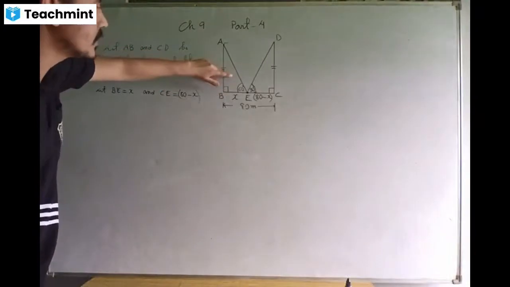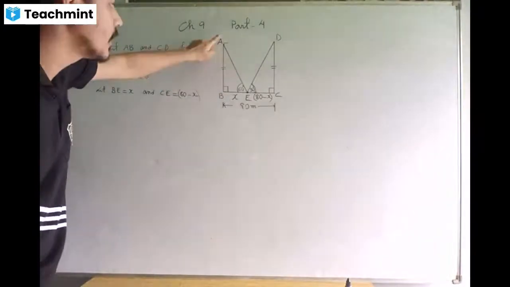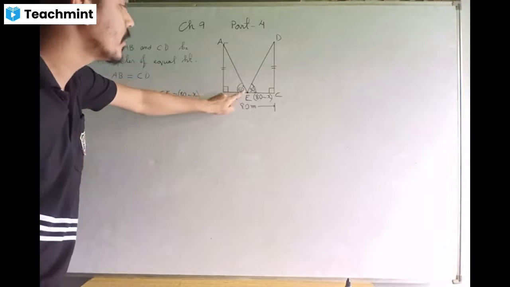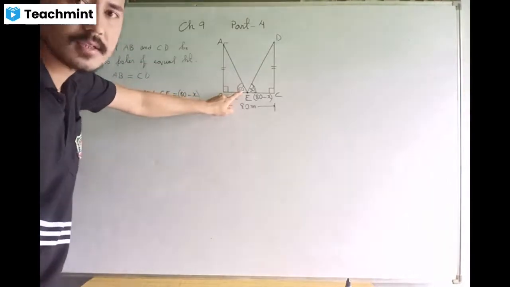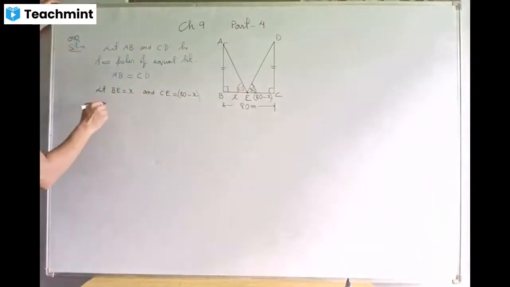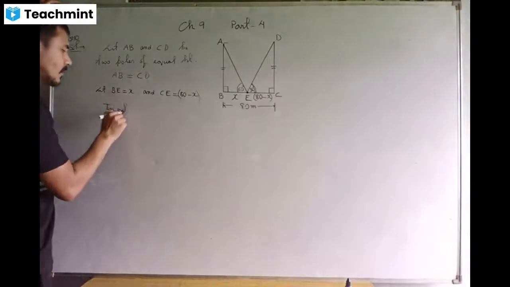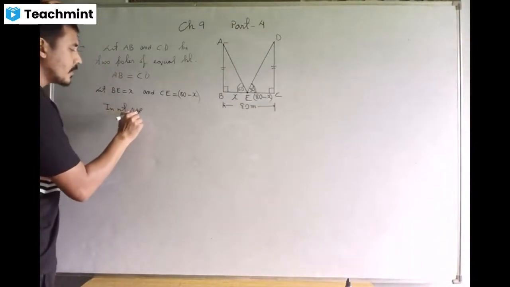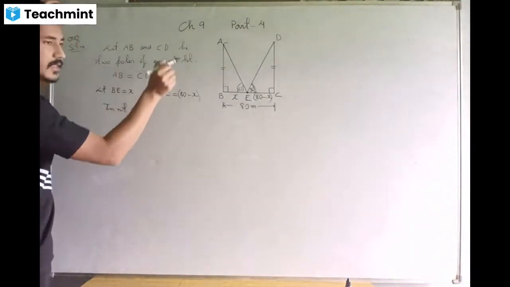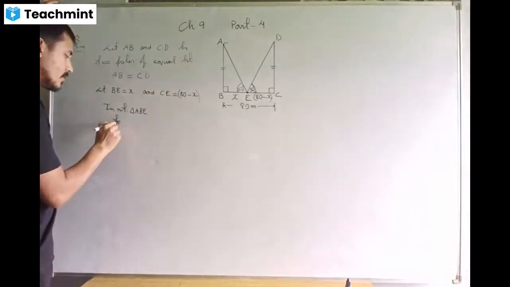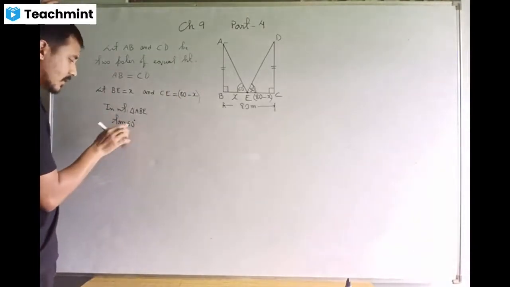Let me start with this triangle ABE, where theta is given to be 60 degrees. So in right triangle ABE, theta is 60 degrees.